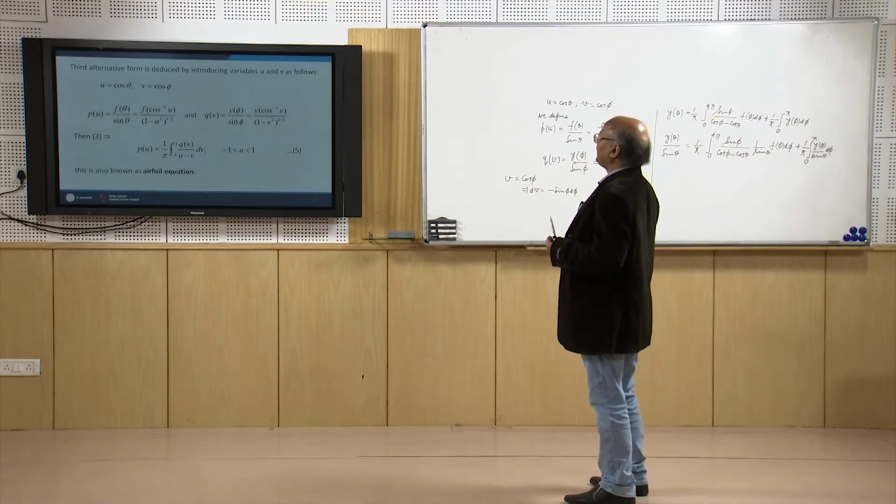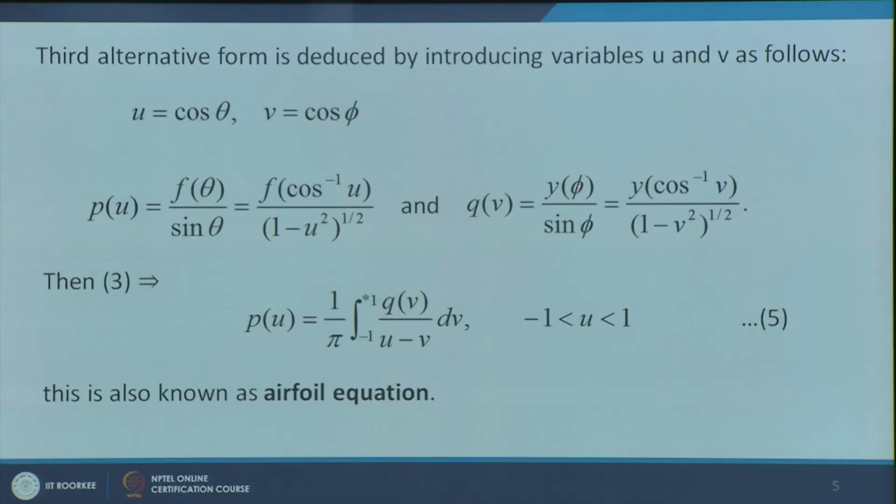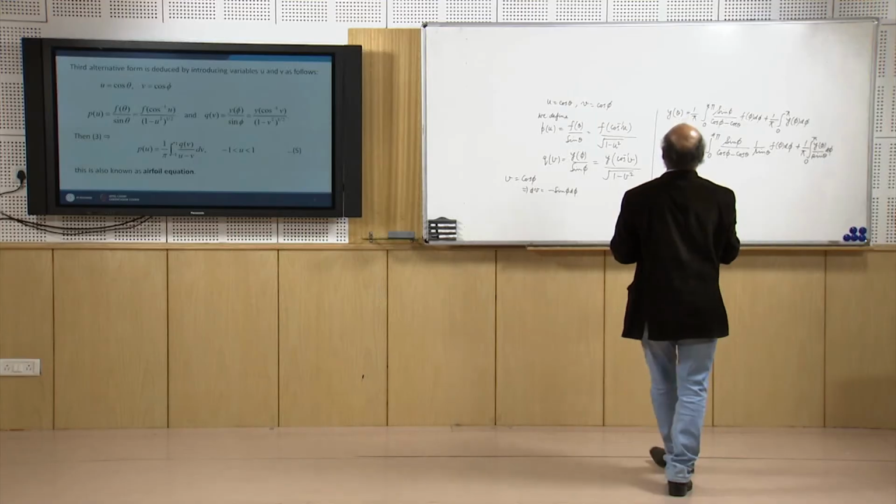Now, Qb is psi phi over sin phi. So when we have psi theta over sin theta, we shall write Qu, because u is a function of theta.